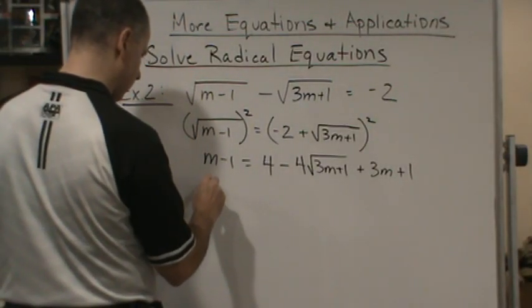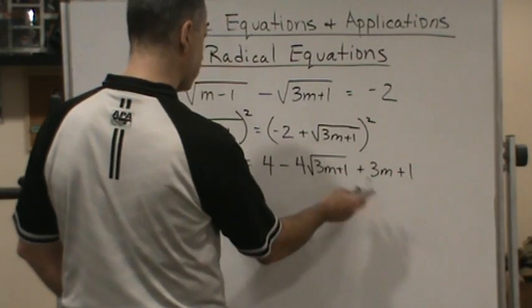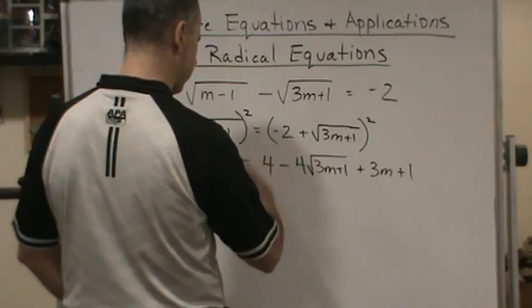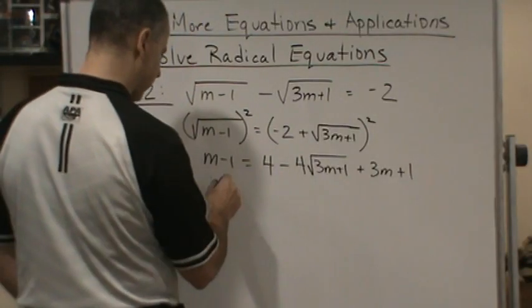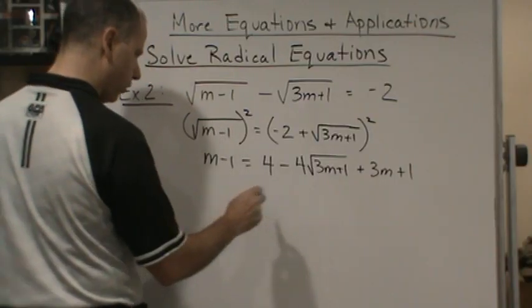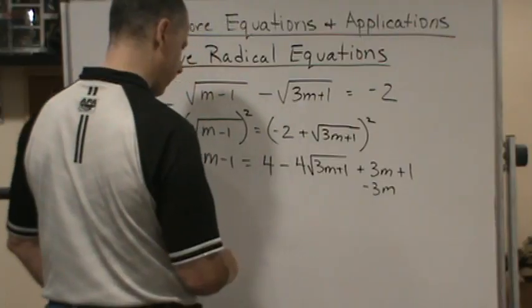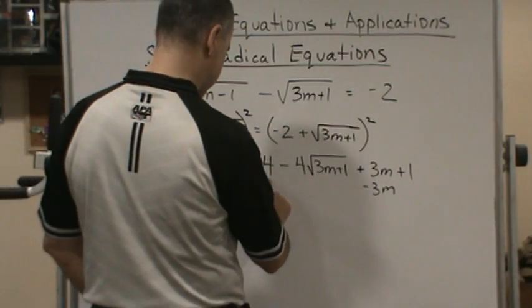Okay, so now let's simplify. At this point we can simplify, but also we've got this other radical, so we've got to move everything over and isolate the radical, but let's simplify it as well. So in this case here, I'm going to subtract 3m from both sides. This is going to be 4 plus 1.